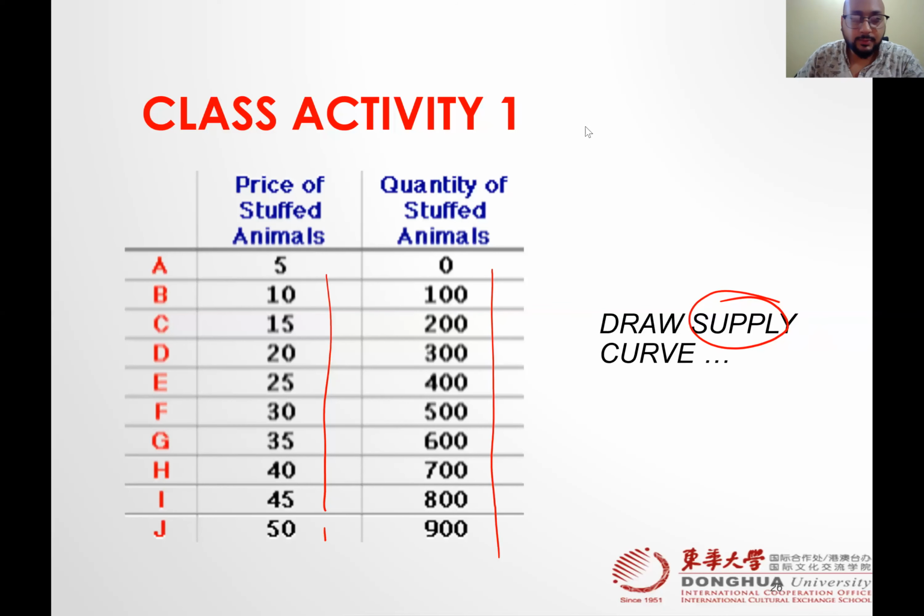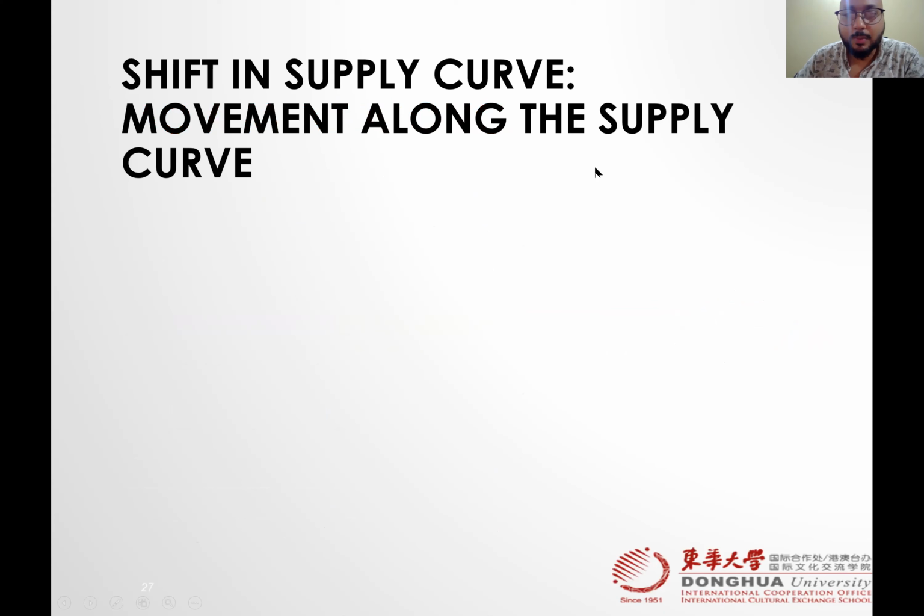Okay, so I just received your class participation. It's pretty good. Let's talk about the shift and movement along the supply curve. The same concept is there. If there is a change in quantity supplied and the reason is just price, we say it is movement.